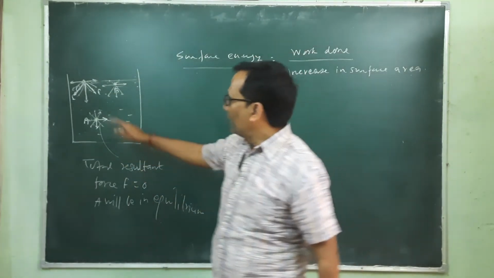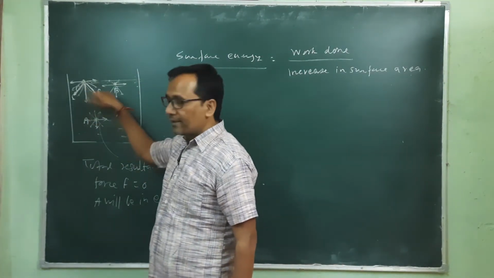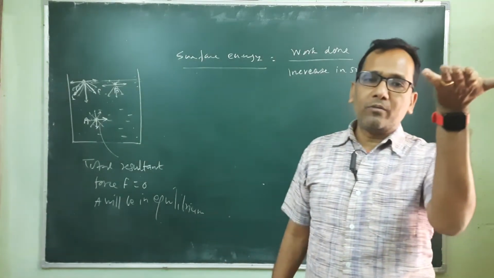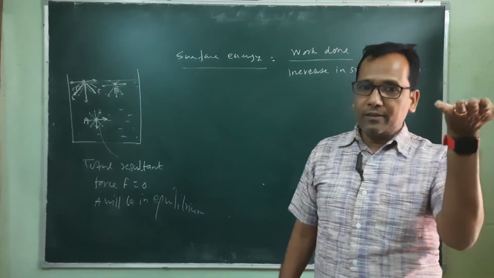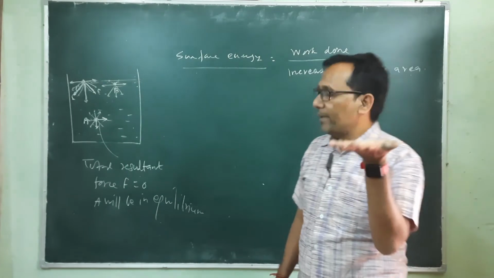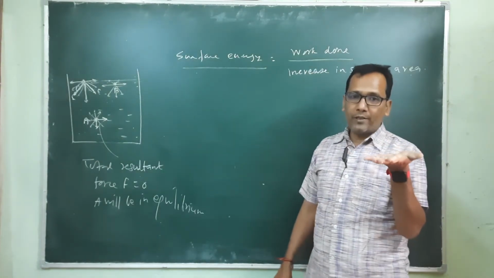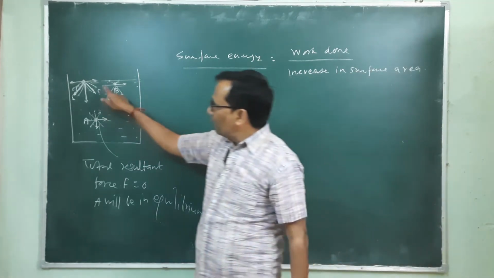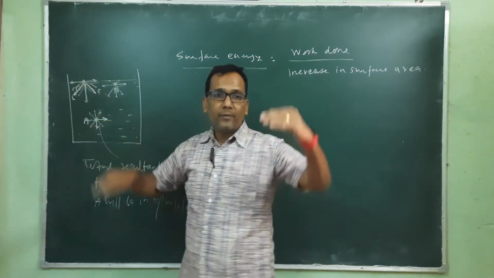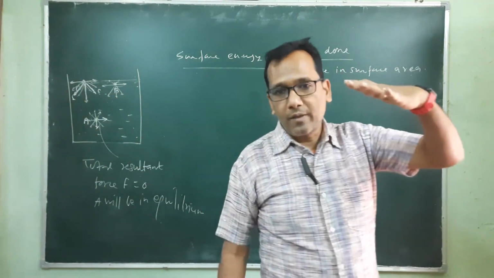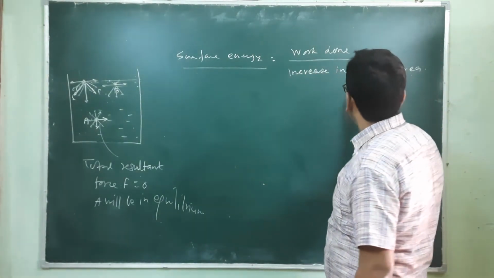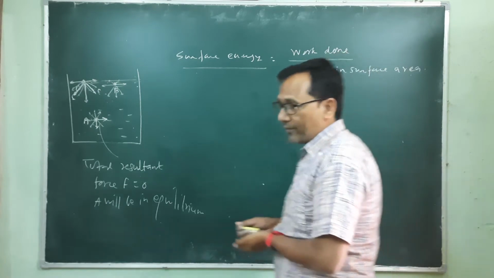Here also, the molecule is trying to come inside the liquid, so we have to do some work to keep molecules at the surface. That work is conserved, stored in the form of potential energy. This is known as surface energy. So surface energy is actually the potential energy stored on the molecules on the surface of the liquid, defined as work done upon increase in the surface area.